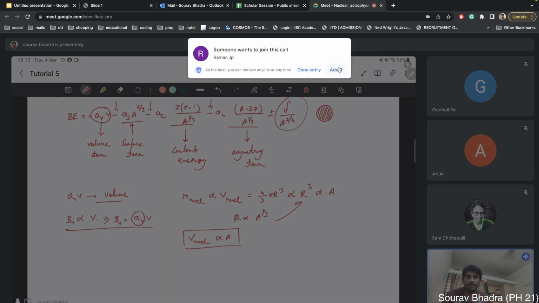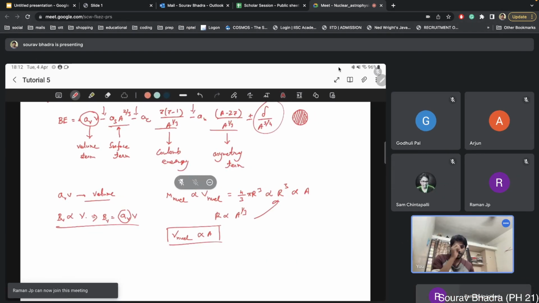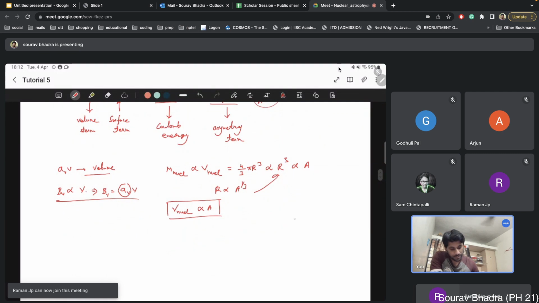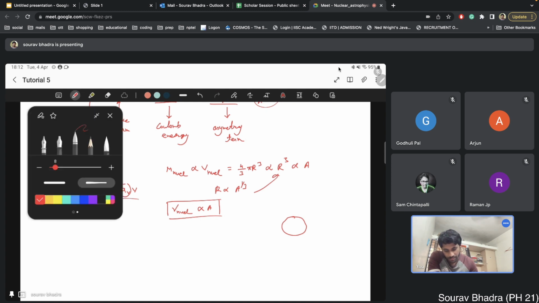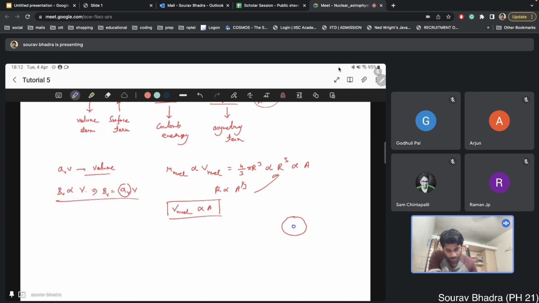Now, we will come to the correction. So why is the surface correction term coming? Now, as you know, if it is a nucleus, there are nucleons inside. Suppose this particular nucleon which is in blue has surrounding nucleons inside the nucleus, right?